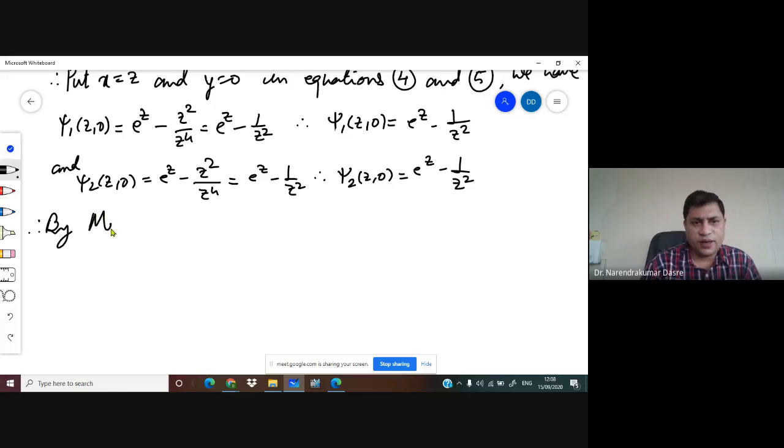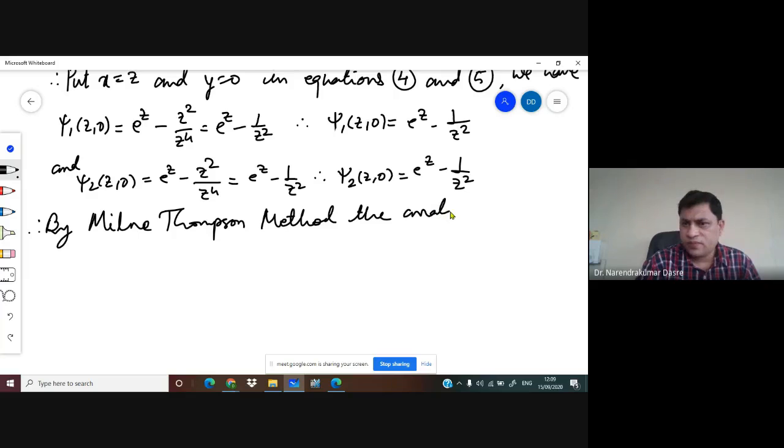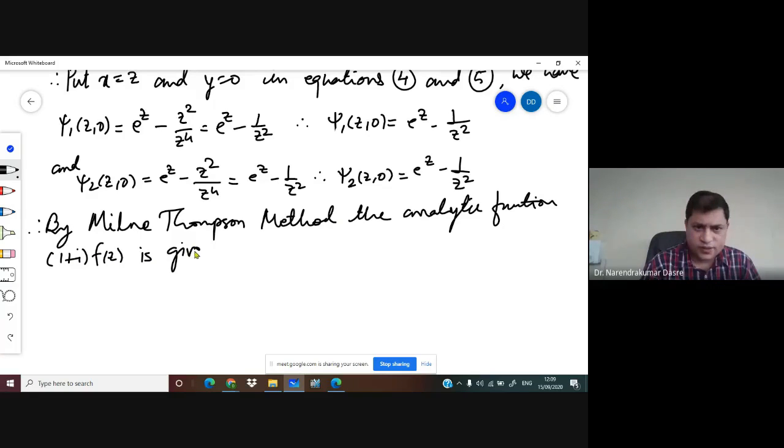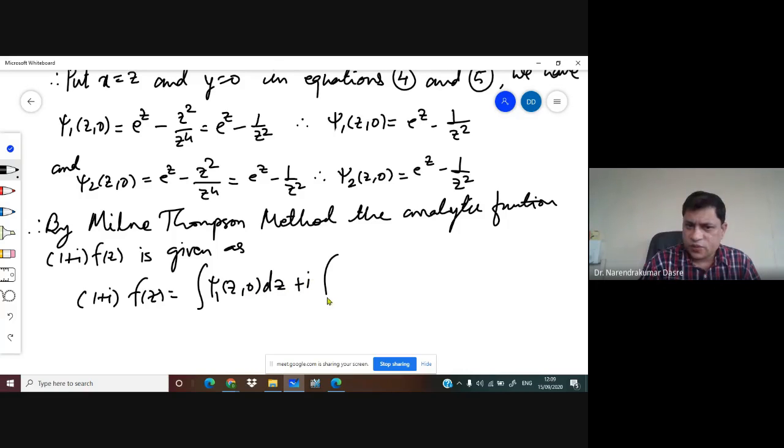So what we'll be having by Milne-Thompson method, the analytic function 1 plus i into f of z is given as: 1 plus i into f of z is equal to integration psi 1 of z0 dz plus i integration psi 2 of z0 dz plus c1.